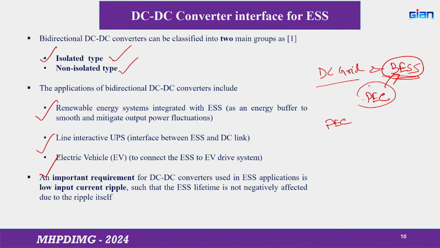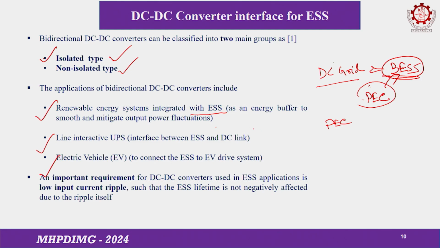Before coming to the topologies used for this DC to DC converter, the applications we are already discussing: DC microgrid, meaning renewable energy system integration. When the source is DC and the storage is obviously DC, we go for this application.